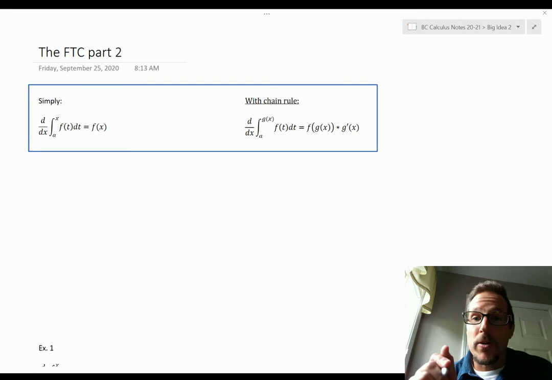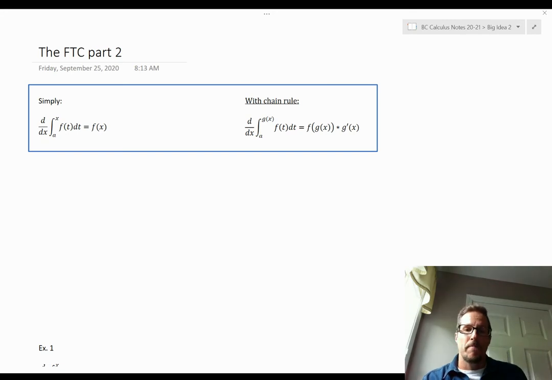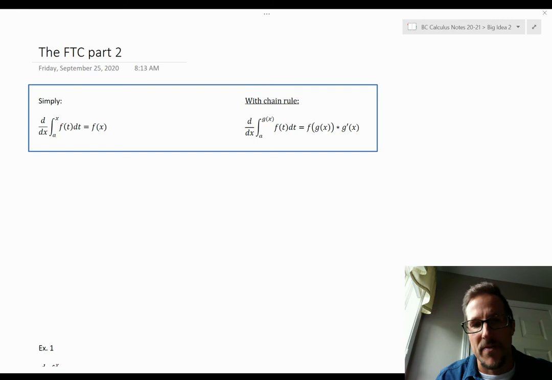So we're going to work through some fundamental theorem of calculus part 2 questions today, right? You're going to be asked to take the derivative of an integral function, an integral function that accumulates the area under a different curve. This idea of the fundamental theorem of calculus involving an antiderivative was so important to the fundamental theorem part 1, being able to evaluate a definite integral.